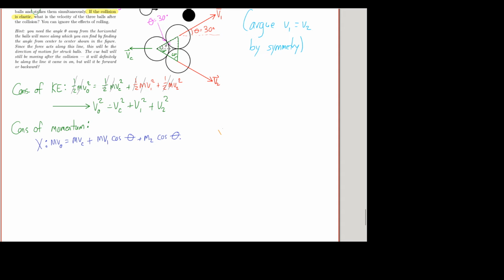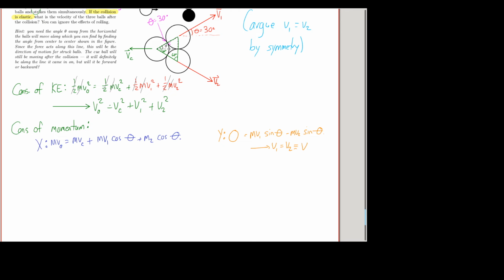In y, there's no initial momentum in the y direction, so zero equals m v1 sine theta minus m v2 sine theta. So this tells us right away that v1 equals v2, and so I don't have to keep writing those. I'm just going to label that as v.